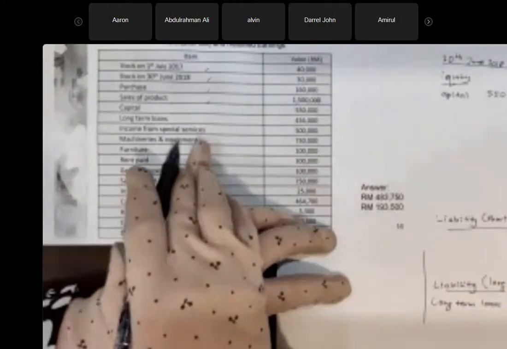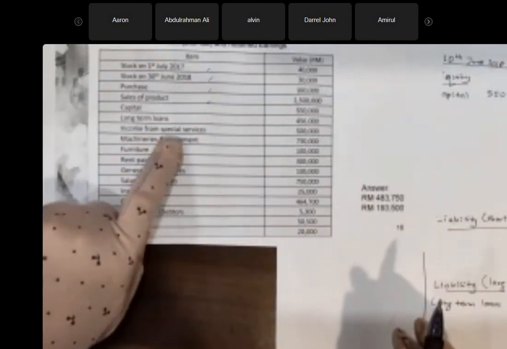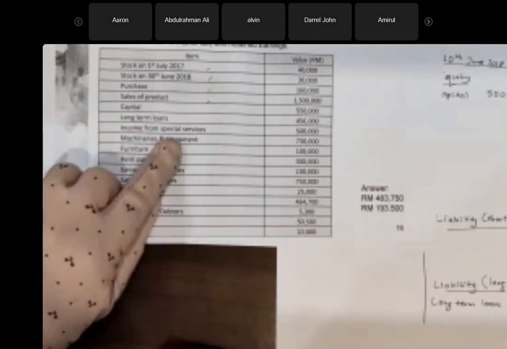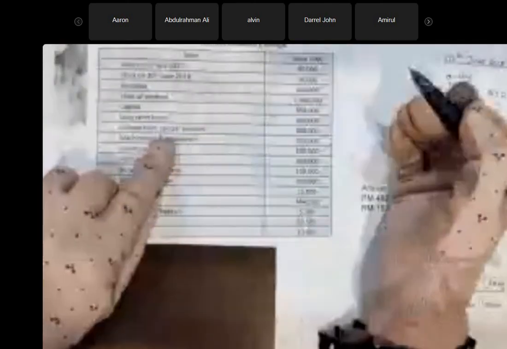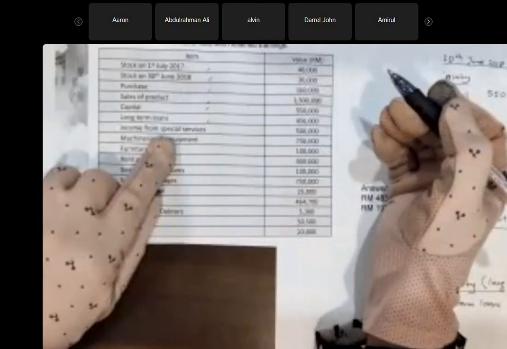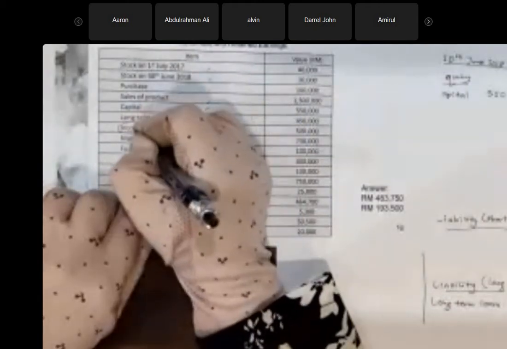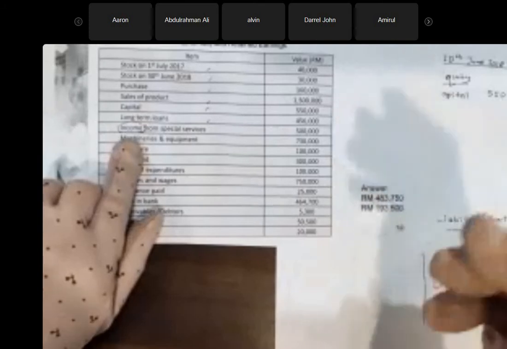Okay, income from special services. Okay, this one is what? Income from special services. Where should I put? Okay, itu dah. Long term loans dah. Income from special service. The name is income. So that is the hint. Okay, Muhammad kata revenue.